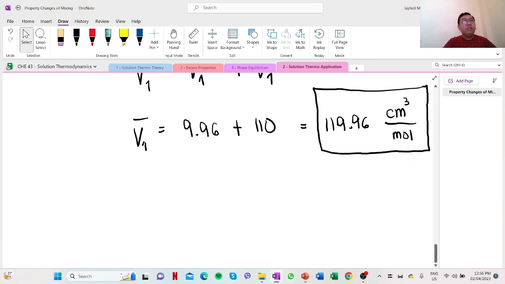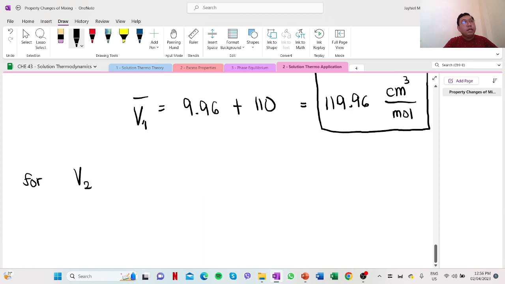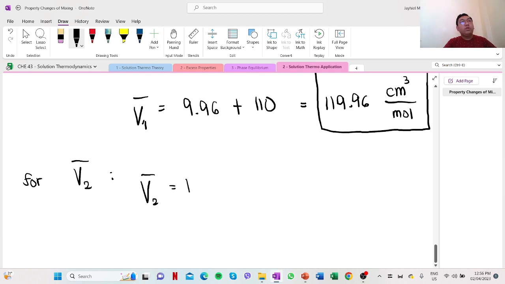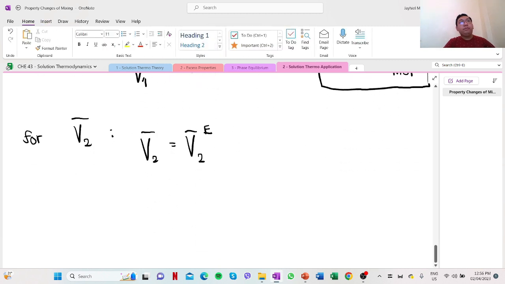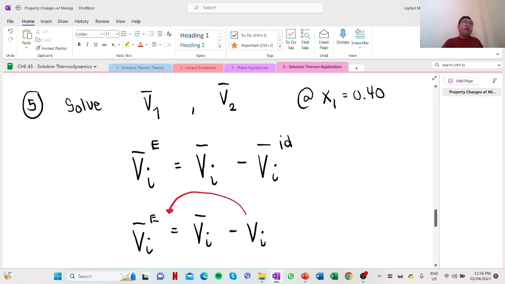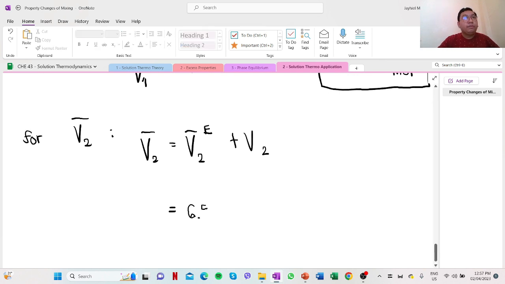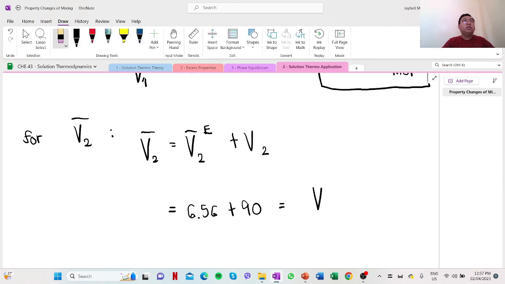And then for my V2, same case, V2 is equal to the excess property V2E, which is 6.6, plus 90.